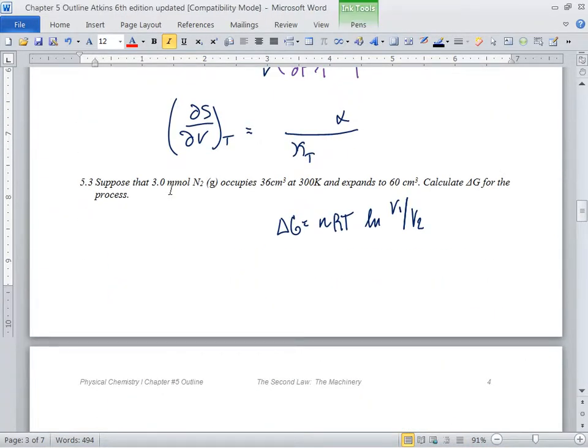Now the milli, don't forget to put in what for the milli? 10 to the negative 3. Good. How about those volume units? We have to convert them to cubic meters. Do you care? Nah, because they're going to cancel out on you. Pressure could be in Pascals, atmospheres, bars, millimeters of mercury.